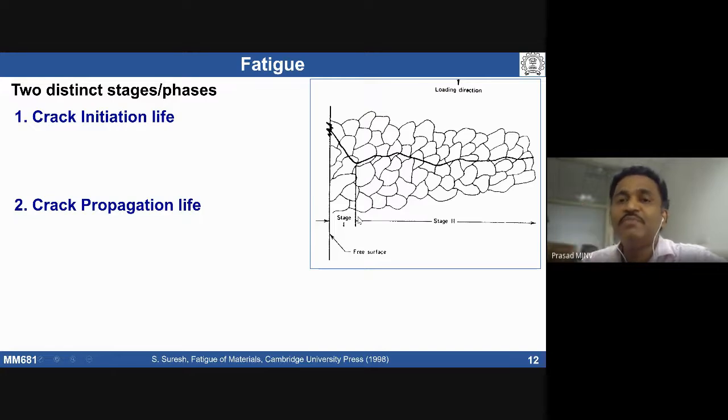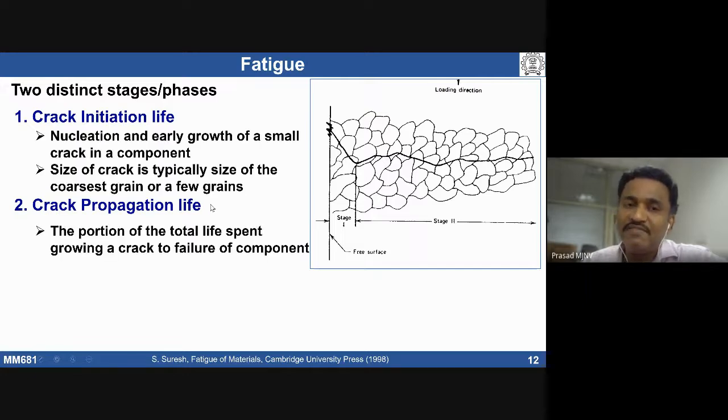The amount of time required for stage one is called crack initiation life, and the amount of time required for crack propagation is called crack propagation life. So it's basically the same thing: nucleation and early growth of a small crack in a component is called crack initiation, and the total propagation, the final propagation that leads to failure of the component, is called crack propagation life.